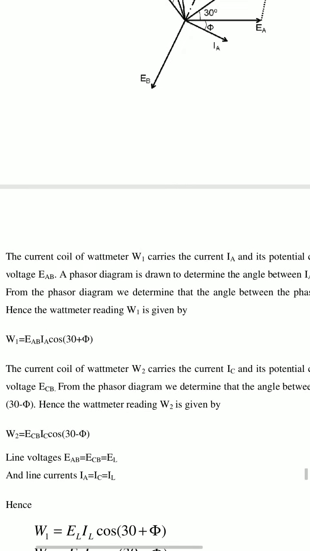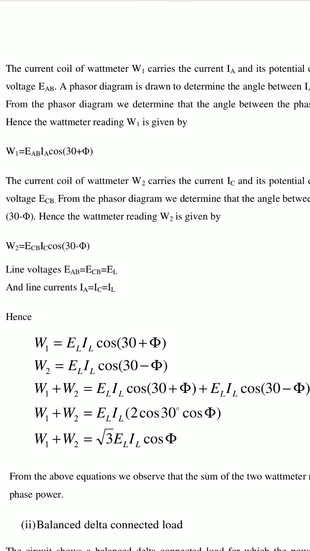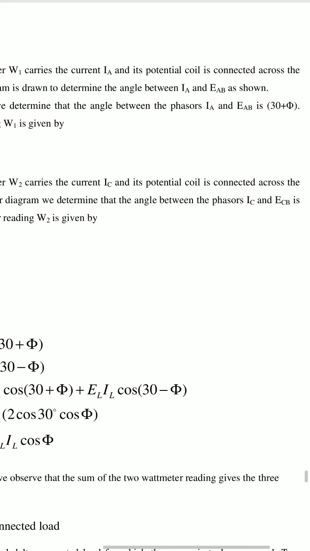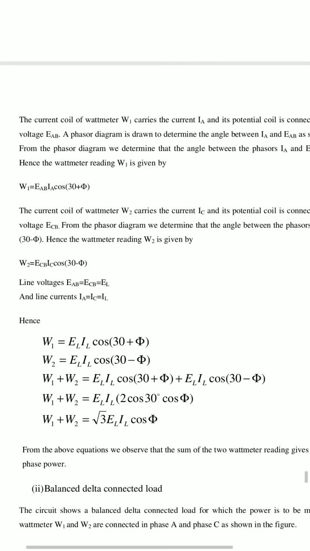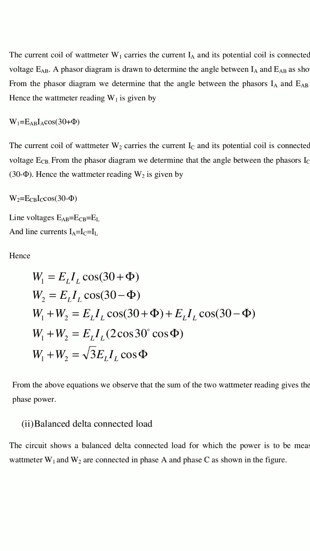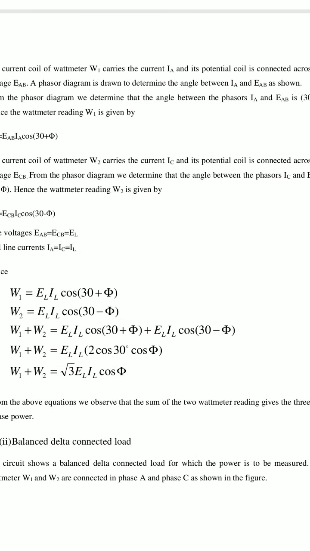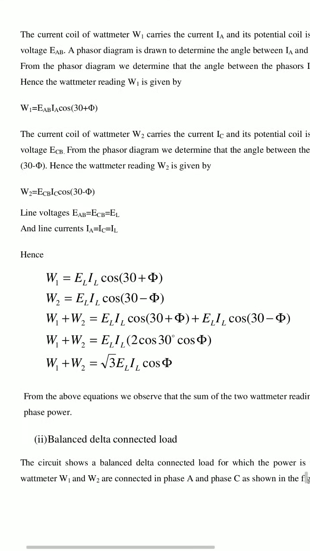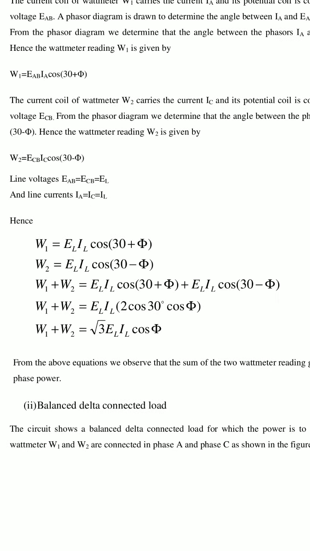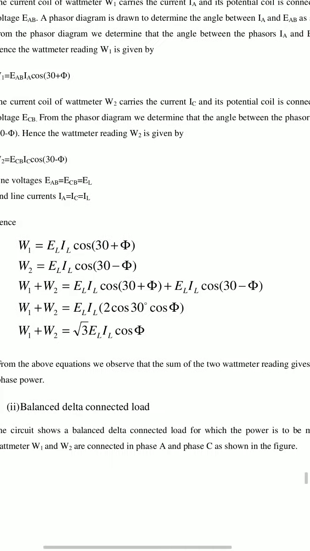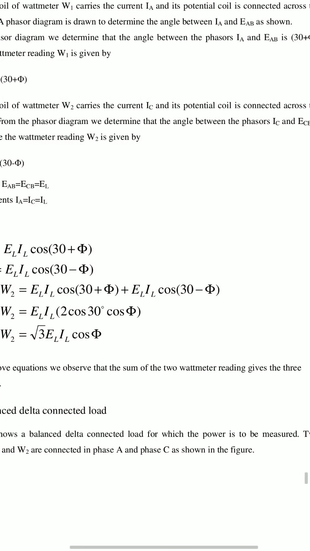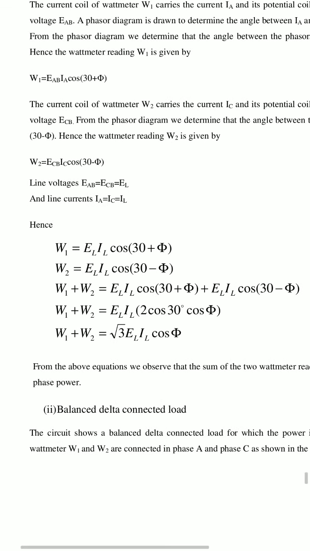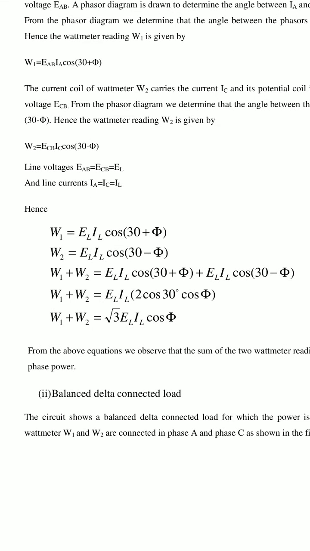The current coil of wattmeter W1 carries the current IA, and the potential coil is connected across the voltage EAB. Here the phasor diagram is drawn to determine the angle between IA and EAB as shown in the figure. From the phasor diagram, we determine that the angle between phasor IA and EAB is 30 plus phi. Hence, the wattmeter reading W1 is given by W1 = EAB IA cos(30 + phi).